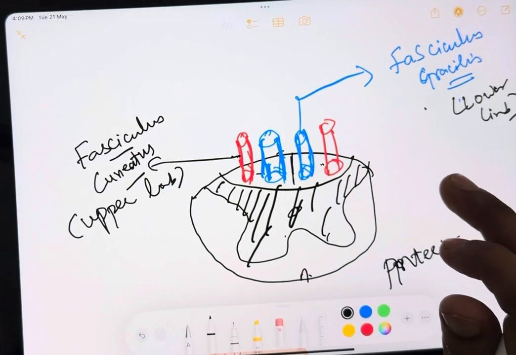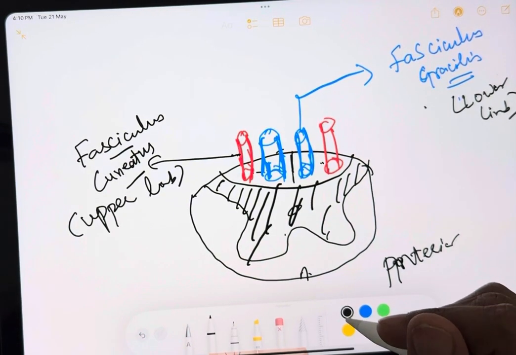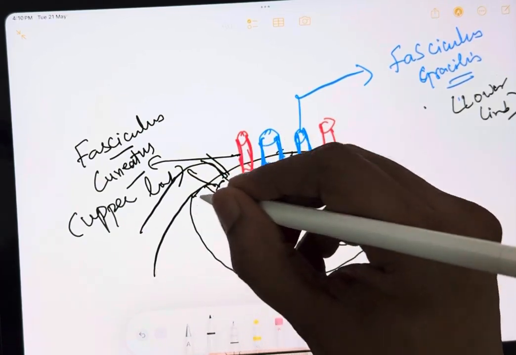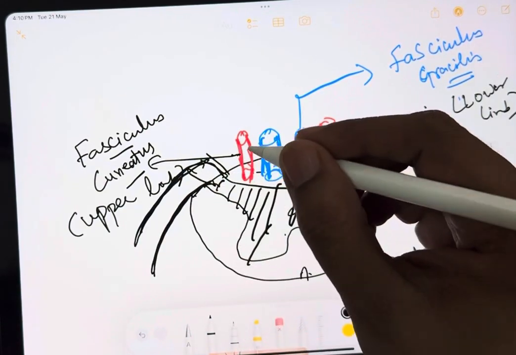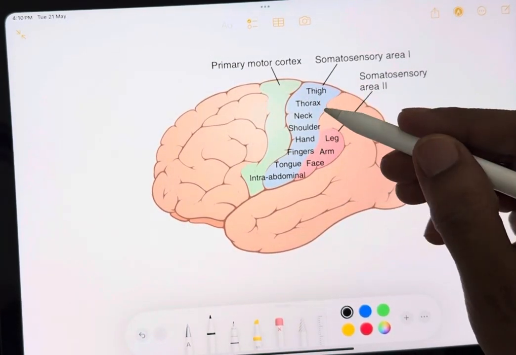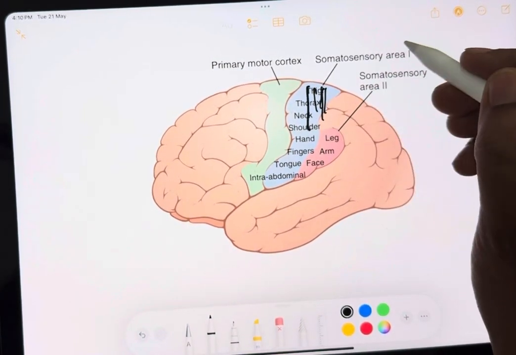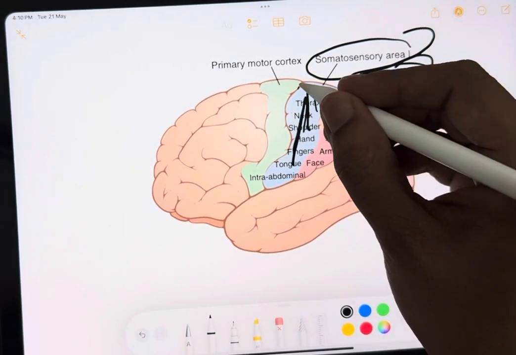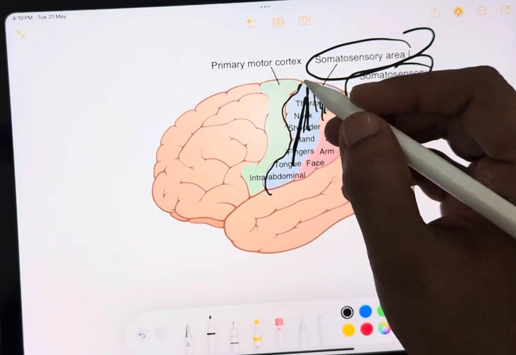All the sensations are carried from the posterior nerve root, and ultimately go to the sensory cortex in the brain, that is somatosensory area 1 and somatosensory area 2, the postcentral gyrus.